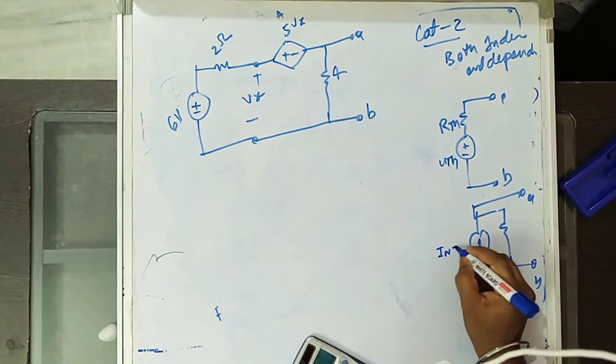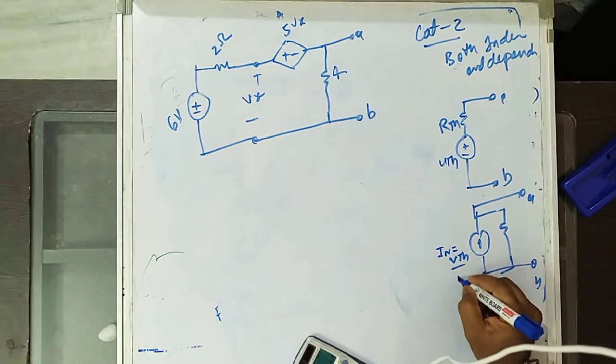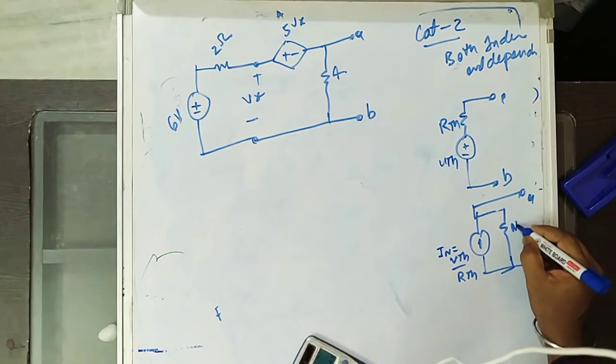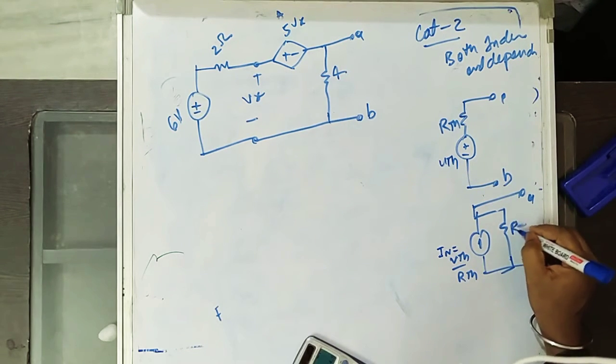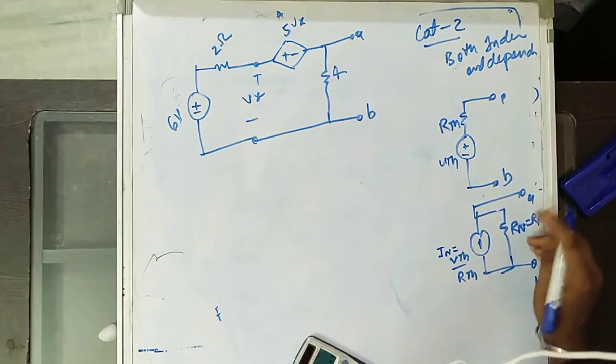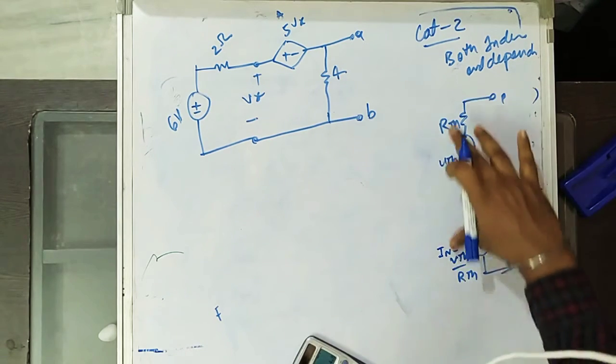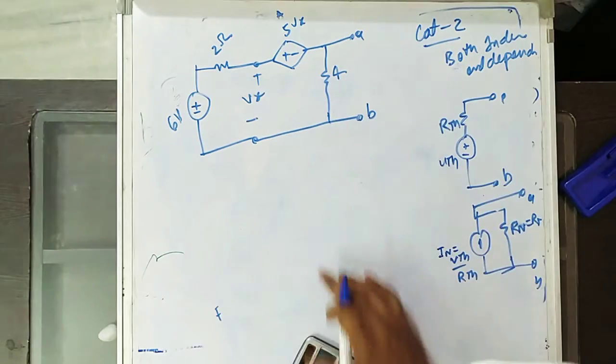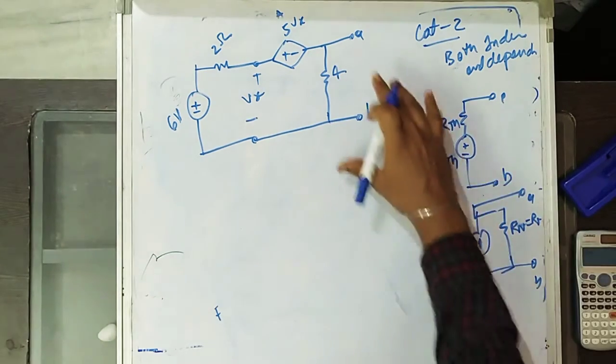So IN equal to what here? V Thevenin by R Thevenin. So Rn is equal to R Thevenin. So we use this concept here to find the Thevenin equivalent of this circuit.